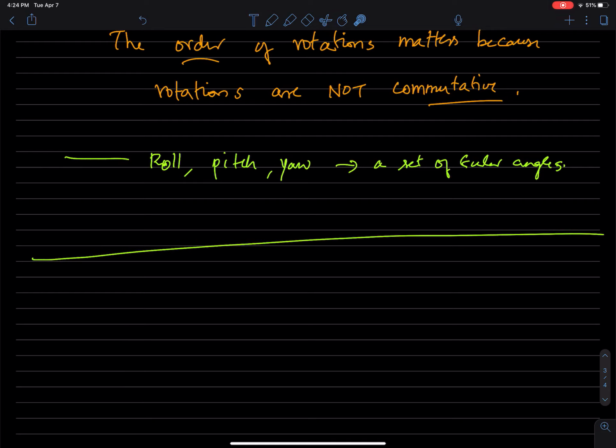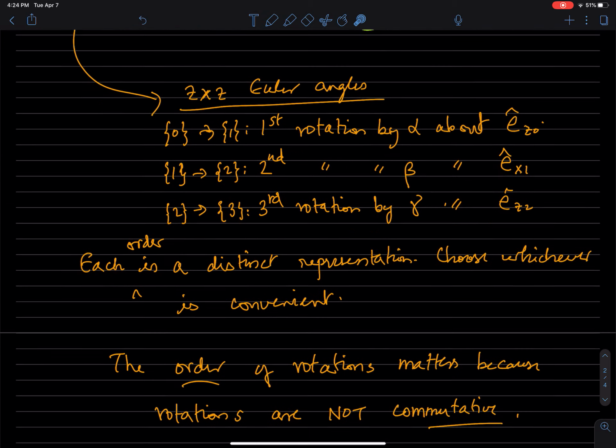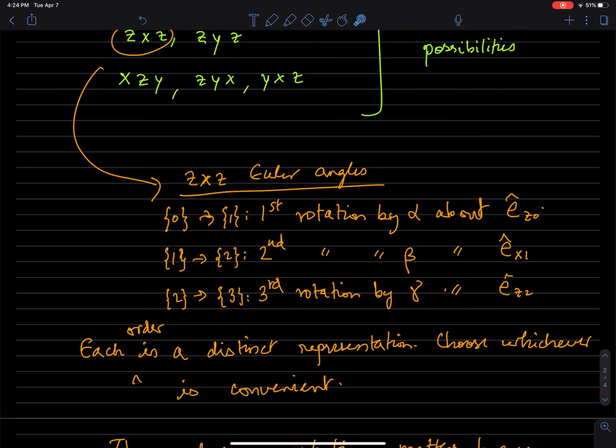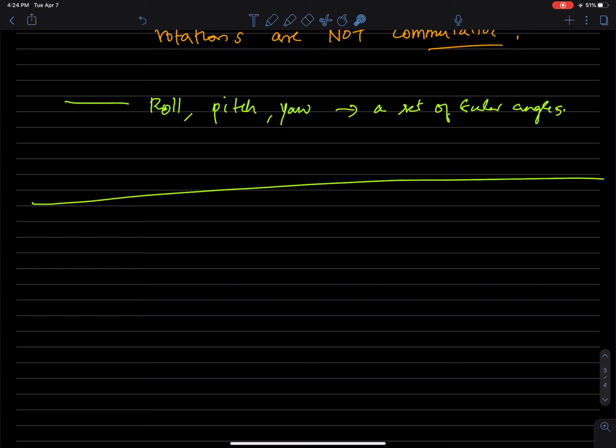And again, you have to pick the order of rotations to be able to say meaningful things about what the final configuration is given the angles. Okay, the order is super important.